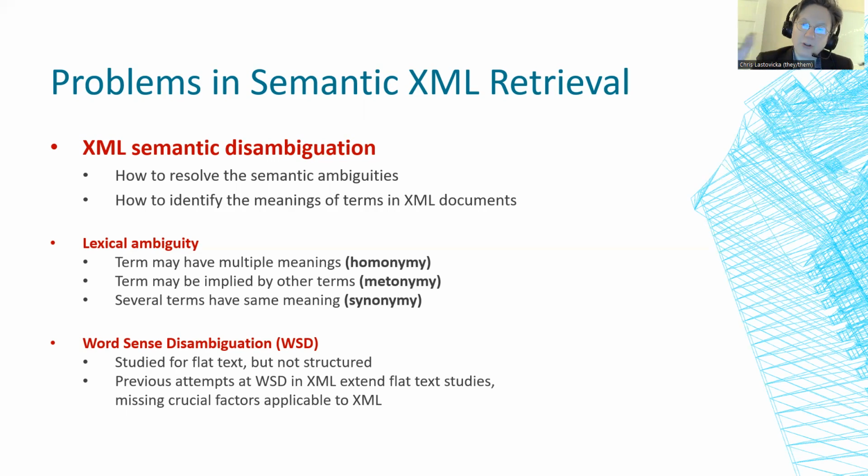You could have multiple terms that are different, but they have the same meaning. Some terms are implied by other terms. And in lexical ambiguity, terms in lexical language, this is homonymy, metonymy, synonymy.